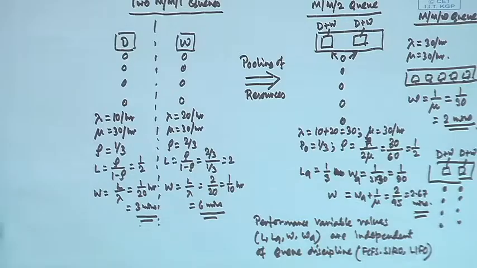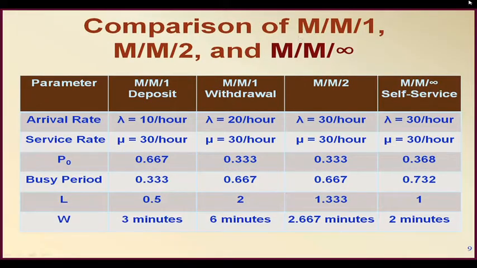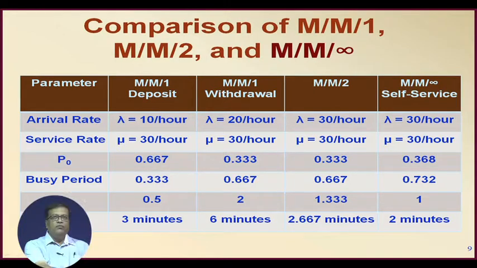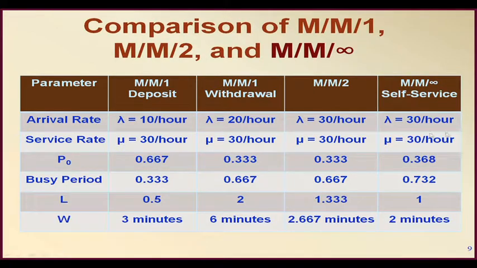So how do they compare? Here is a comparison chart. Just look at what happens between M/M/1 deposit, M/M/1 withdrawal, M/M/2 and finally M/M/infinity self-service. The arrival rates are 10 per hour, 30 per hour, 20 per hour and 30 per hour, and the service rate is 30 here also.